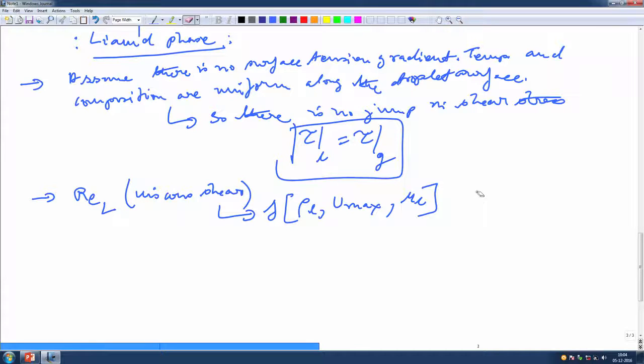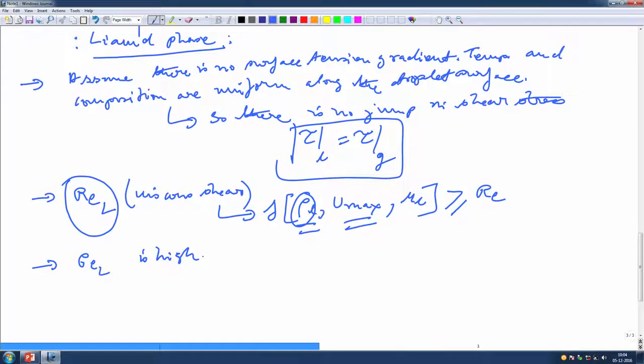Let us see. It will be greater than or equal to the Reynolds number of the gas phase. This we already established because your rho L is about 1000 times higher, though your U max is quite a bit low. Your U max is one order lower, but your rho L is several times higher. So, the Reynolds number introduced into the liquid phase is not a low quantity. And the third thing that we said is the Peclet number is high.